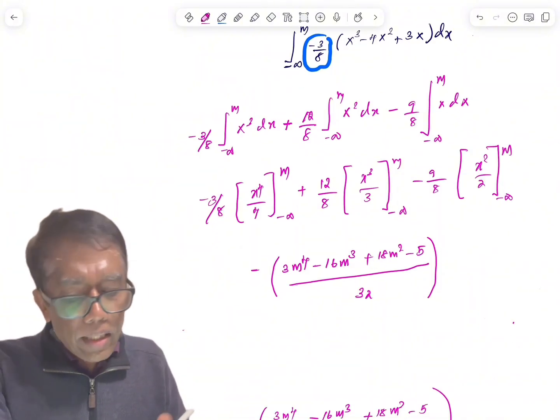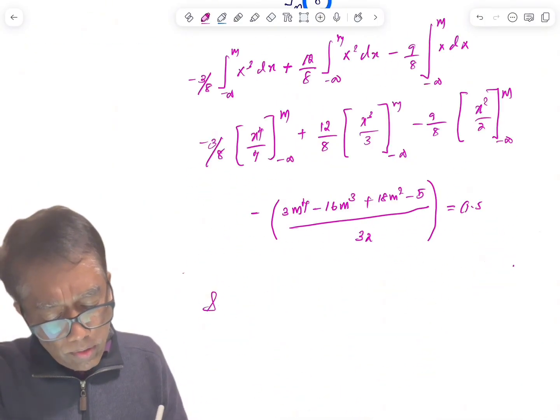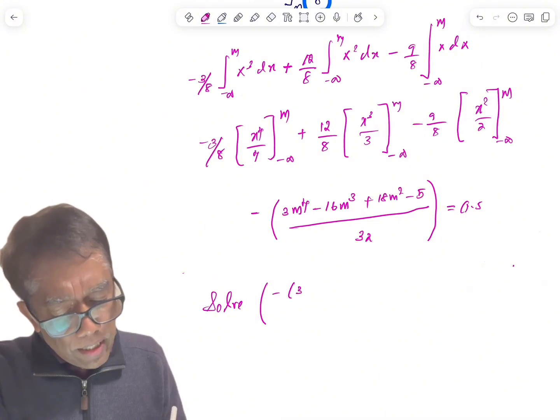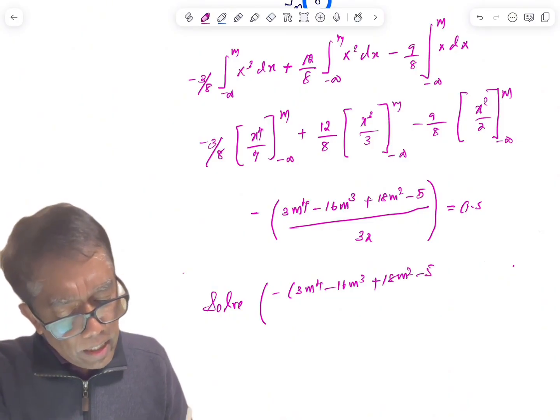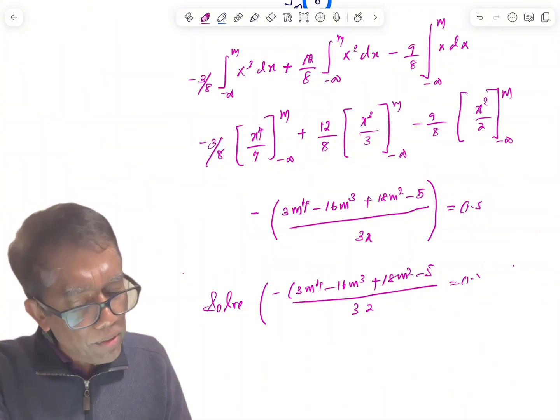Now use your CAS calculator. Solve: negative 3m^4 minus 16m to the power of 3 plus 18m squared minus 5, over 32, is equal to 0.5. Solve for m.